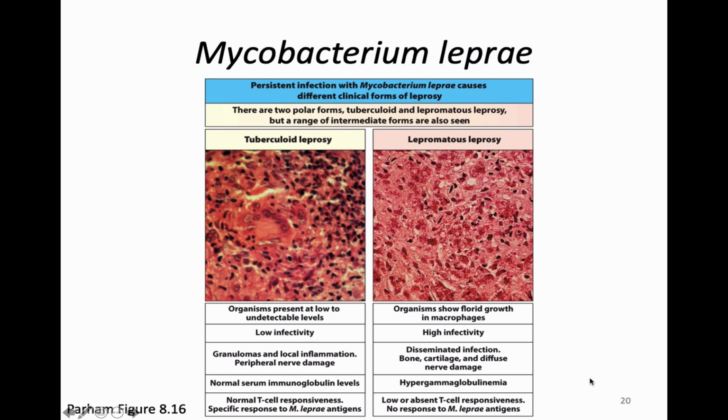Whereas in patients with lepromatous leprosy, there was a lot of growth of the mycobacterium. These people were quite infectious, and they had infection throughout their body and could see things like bone, cartilage and nerve damage throughout the body. And this is the same microbe leading to these two very different disease states.